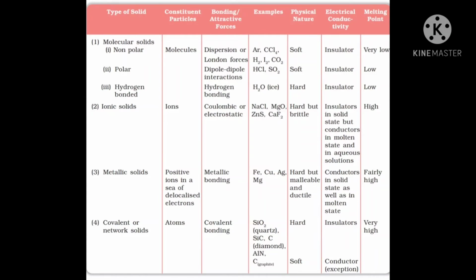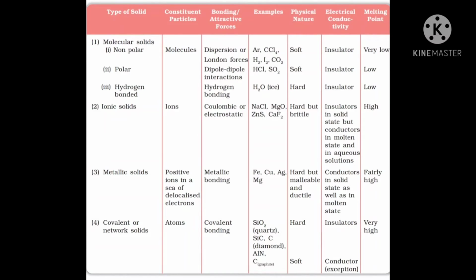In the case of polar solids, the constituent particles are molecules and the attractive force is dipole-dipole interactions. Examples are HCl and SO2. They are very soft insulators and their melting point is low.